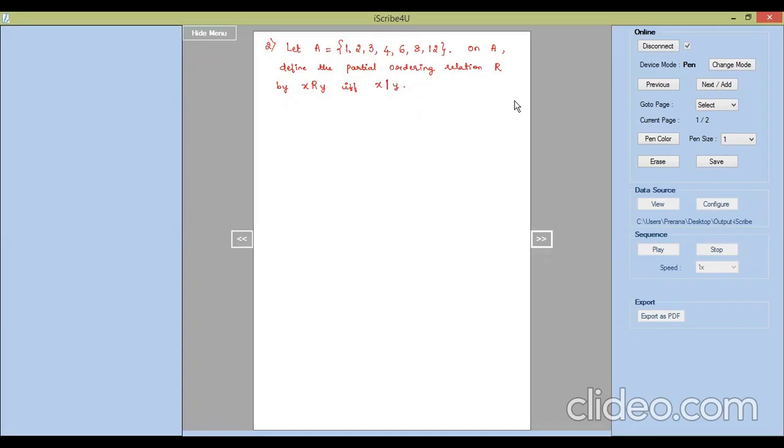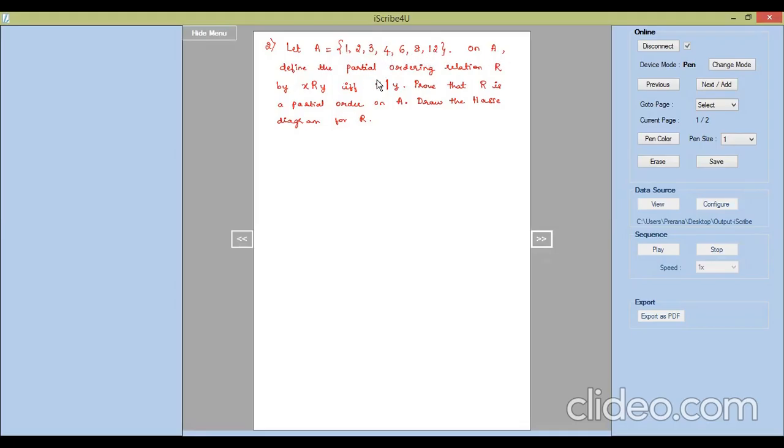Prove that R is a partial order on A. Draw the Hasse diagram for R. So given set A, which consists of the elements 1, 2, 3, 4, 6, 8, 12.